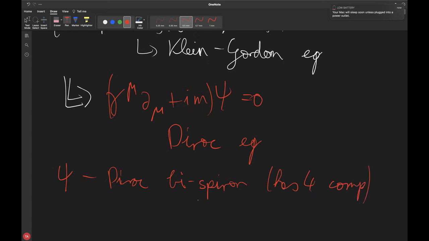If we would like to multiply it with i, we can do that. So that's another form: i gamma mu del mu minus m acting on the psi is 0, which is another form of the Dirac equation.